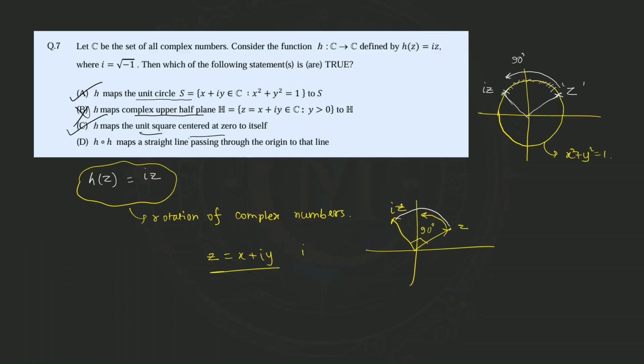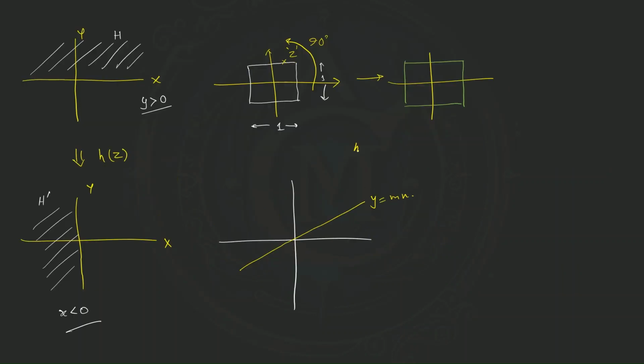Then h of h means we apply h two times. First we apply h, which rotates this line by 90 degrees in the counterclockwise direction.